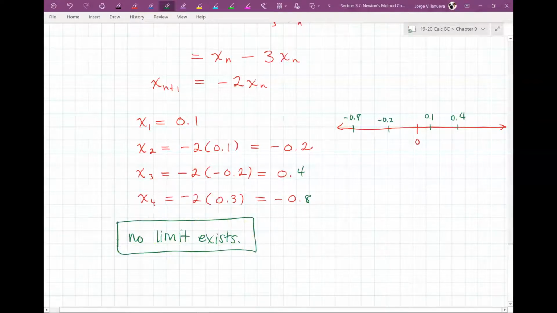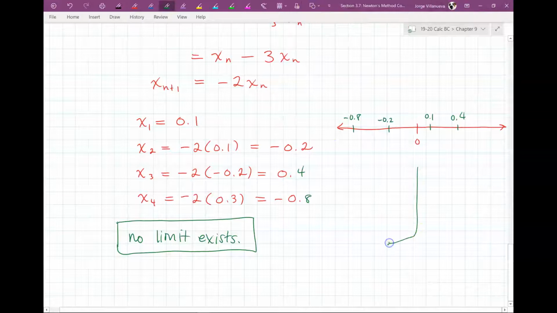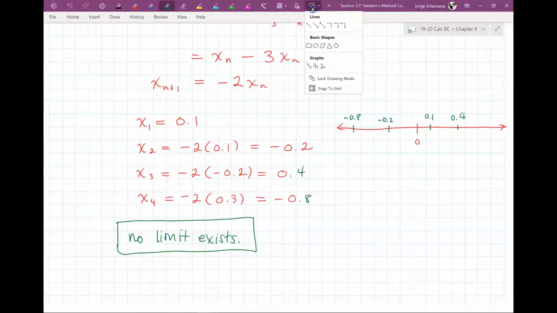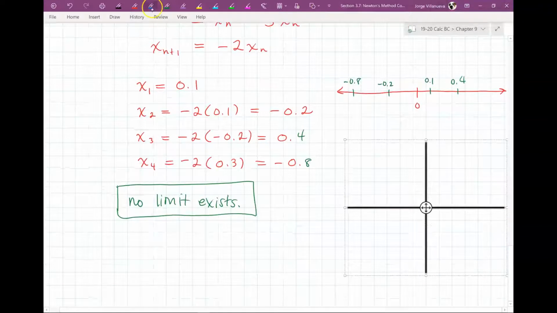And if you were to try to look at the graph and see what happens, it would look something similar to this. Let me show you a real quick sketch. Whoops, that's not a good sketch. So the function kind of looks like this.